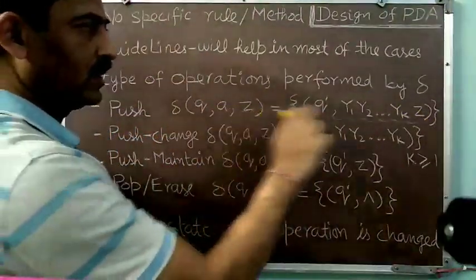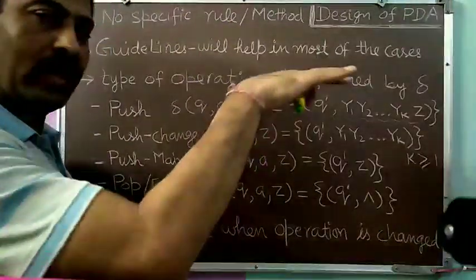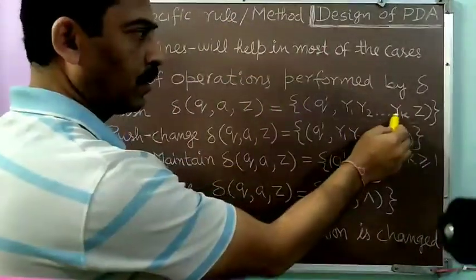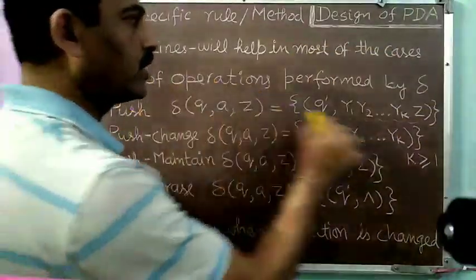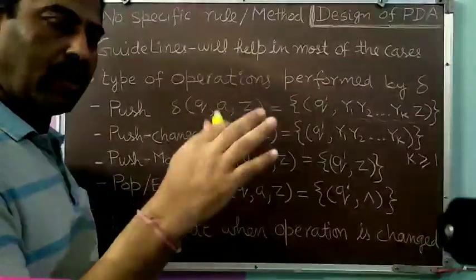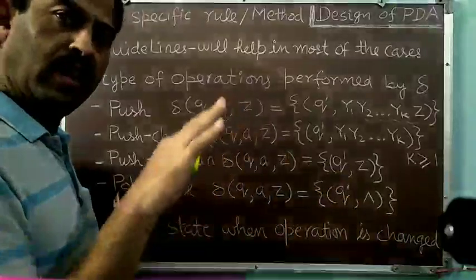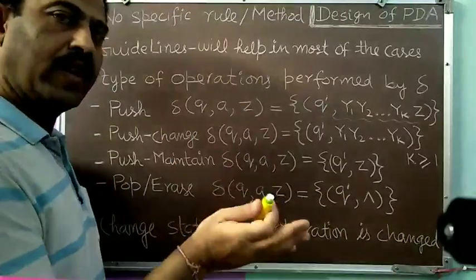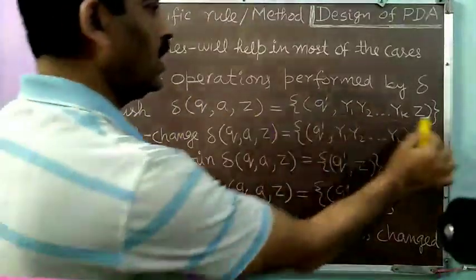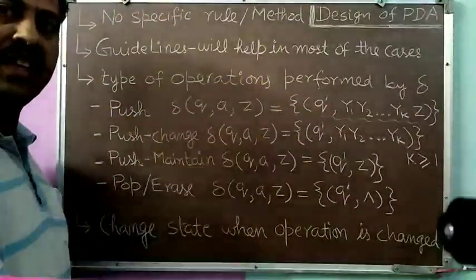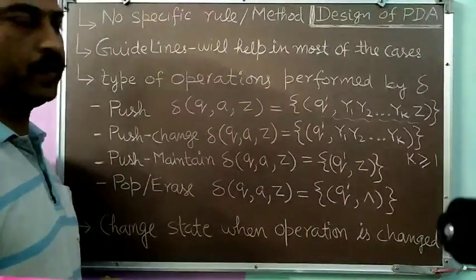So Z will come back to its original position as it was. The status will be maintained and then something extra will also be pushed over it. This is called the simple push operation. In effect we are not deleting anything from the push-down store; rather we are adding certain more symbols. That's why it is called a push operation. We are increasing the length of the string stored over our push-down store.